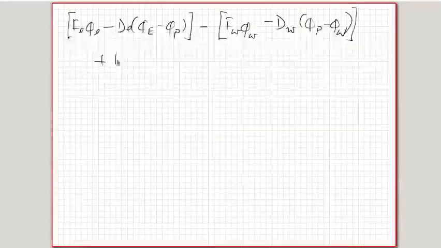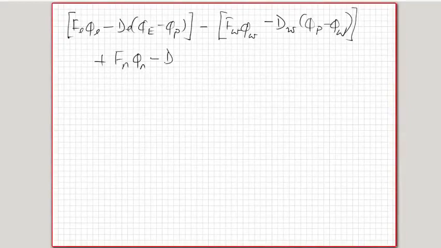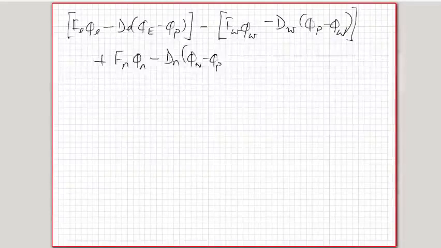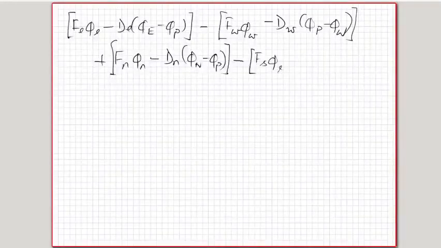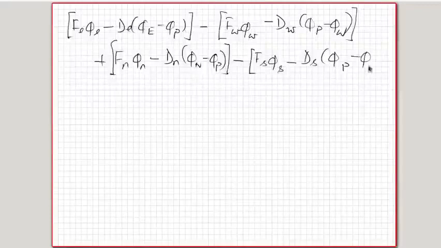Similarly, plus Fn phi N minus dN times phi N minus phi P. Okay, so this is the northern term minus the southern term is Fs phi S minus ds into phi capital P minus phi capital S. So this is the left hand side, and that will be equal to the right hand side, which is S phi delta x delta y.